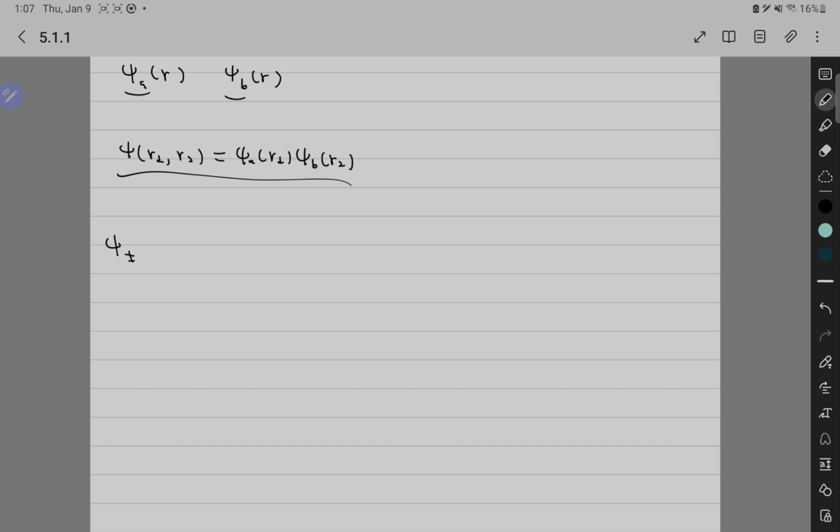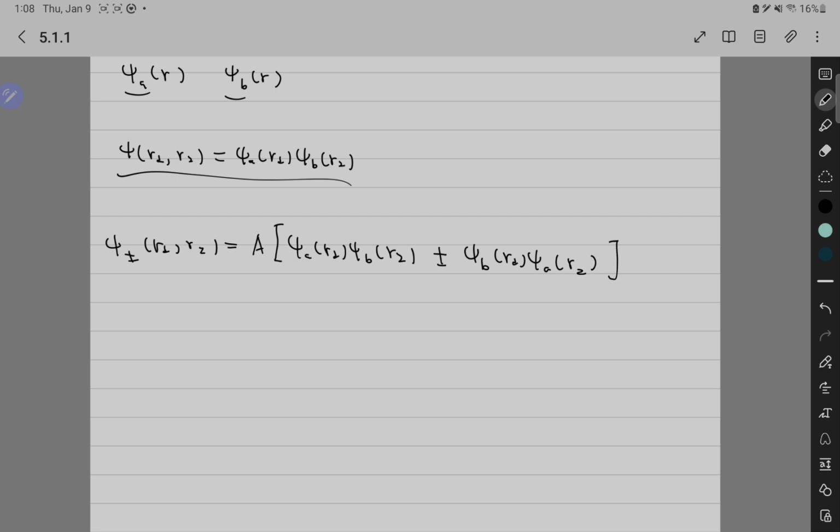Phi plus-minus of R1, R2 is equal to some constant A times phi A of R1, phi B of R2, plus-minus, I'm going to explain the plus-minus part in a bit, phi B of R1, phi A of R2.